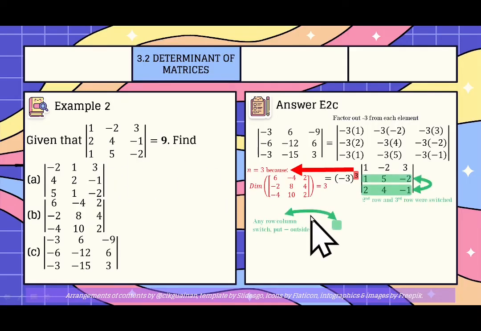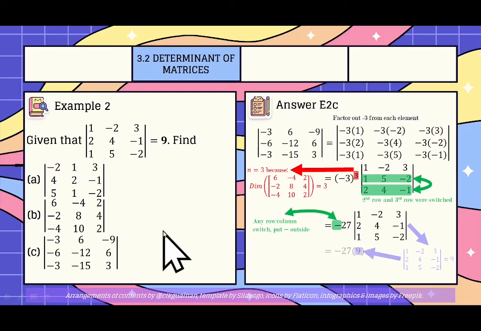What happened was the second row and the third row are switched. So we have to switch them back and put negative outside the determinant. Then we can substitute it by 9 to get minus 243 as the final answer.